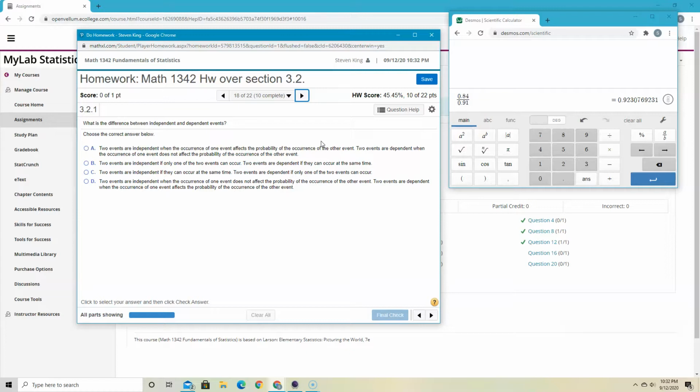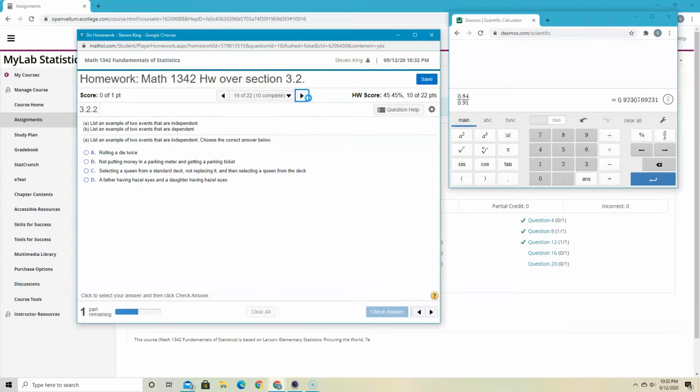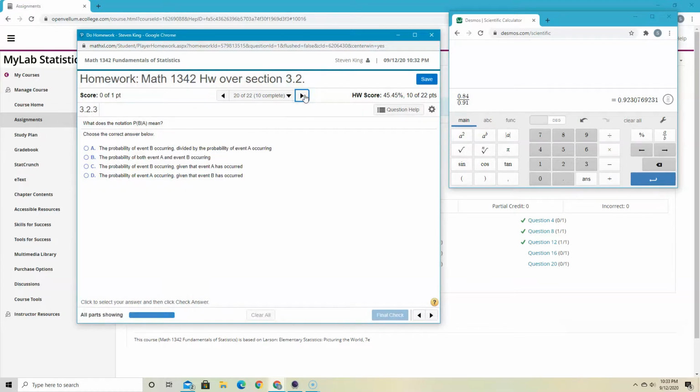So this one is the difference between independent and dependent events. I'm going to let you look at that. Same idea here. What does this notation mean?